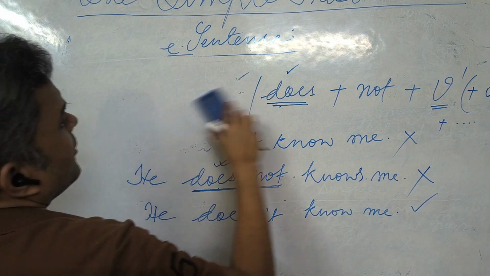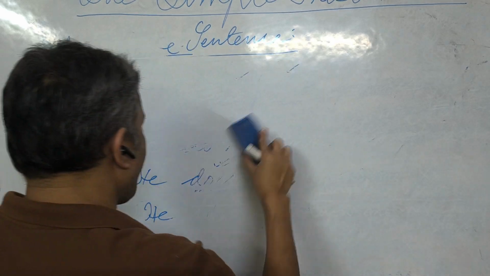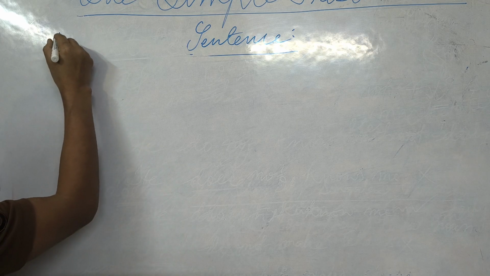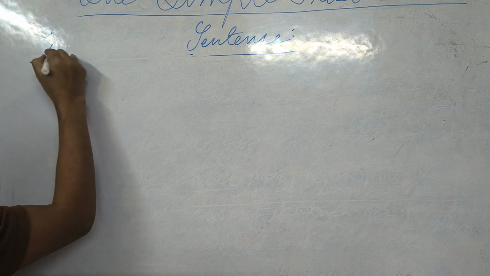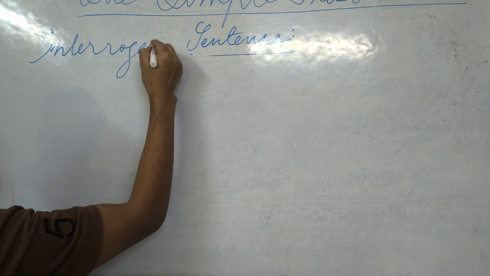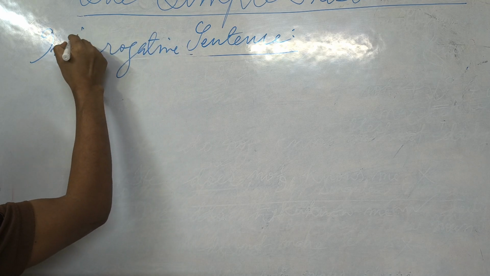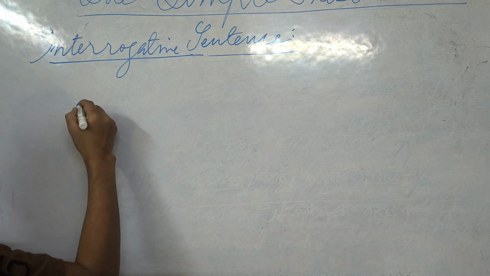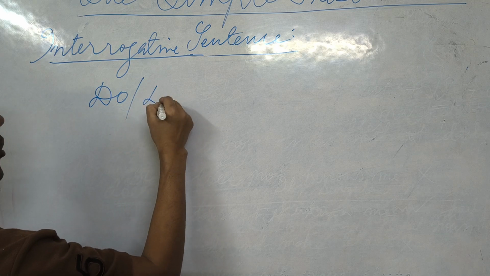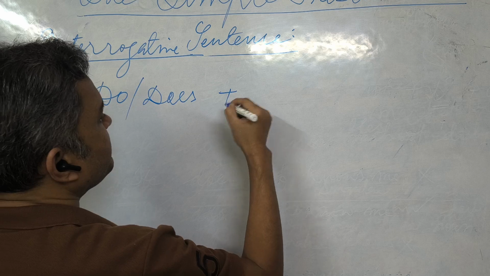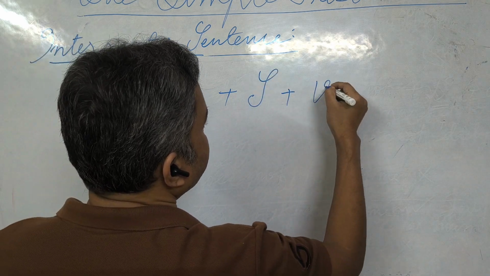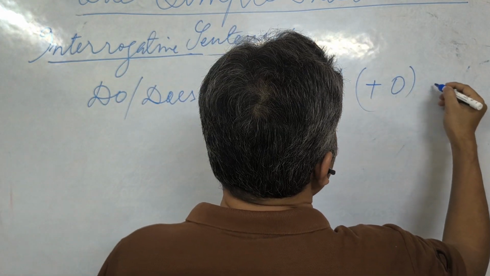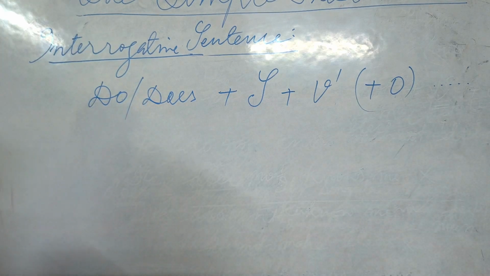Similarly, while making a question or an interrogative sentence, what's the structure? The interrogative sentence in this tense starts with do or does plus the subject plus the V1 form of the verb, and if required you can use the object and other words.